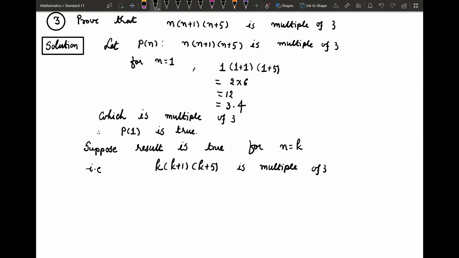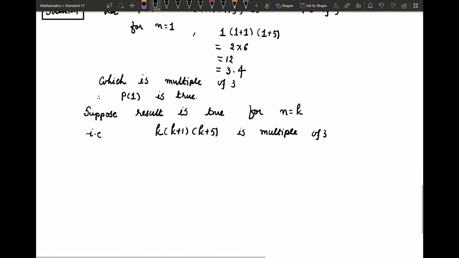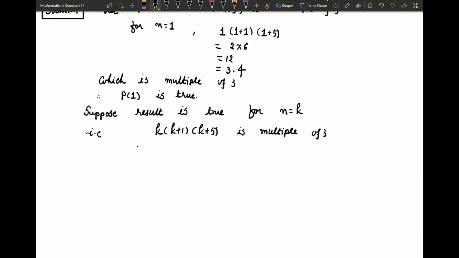Now interpretation of this number being a multiple of 3: we can write it in the form 3 into m or 3 into t. Therefore this, k into k plus 1 into k plus 5, we have assumed it is a multiple of 3. So this can be written as 3 into m for some m belongs to n.